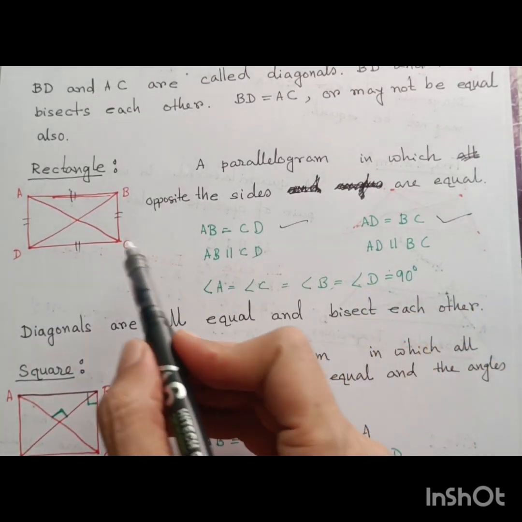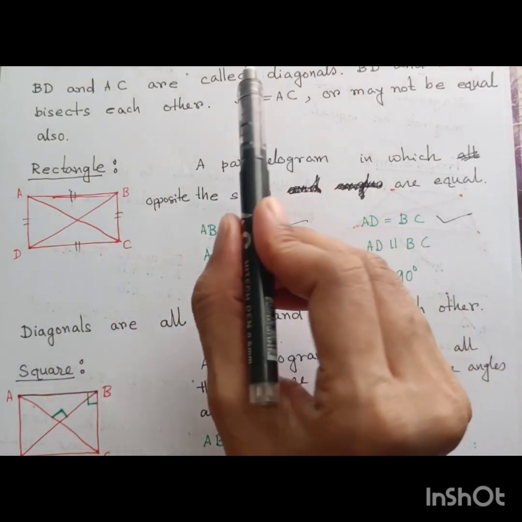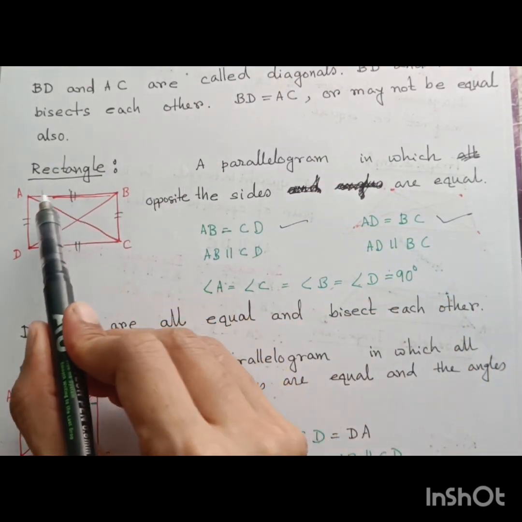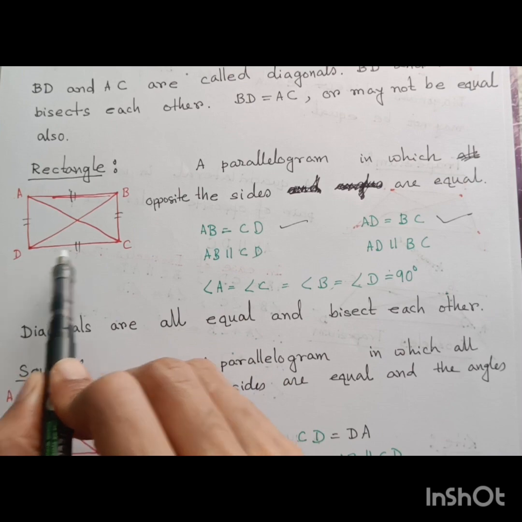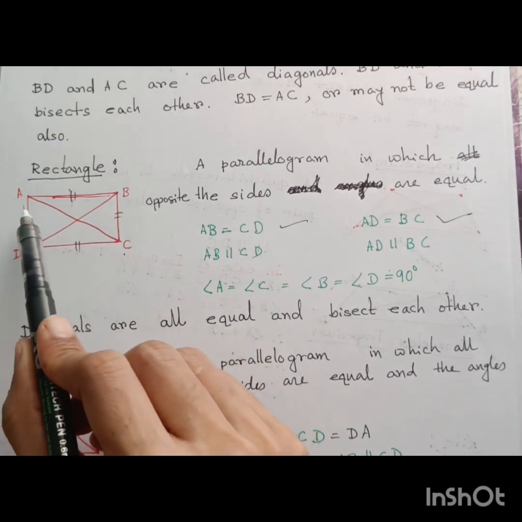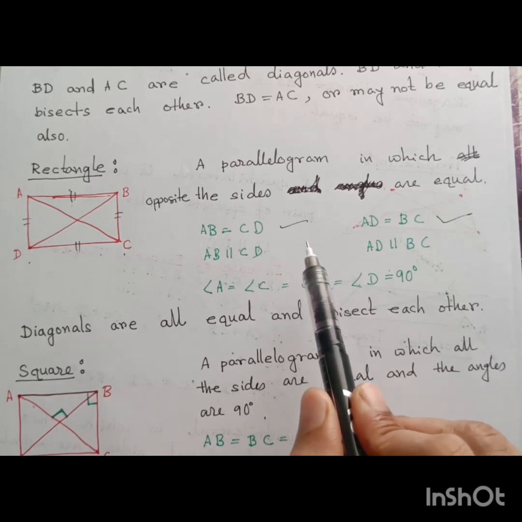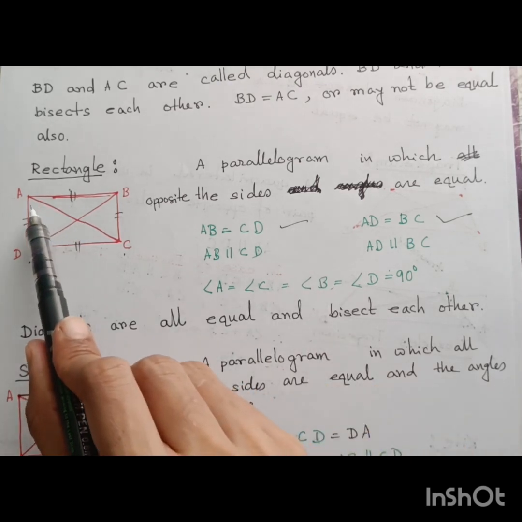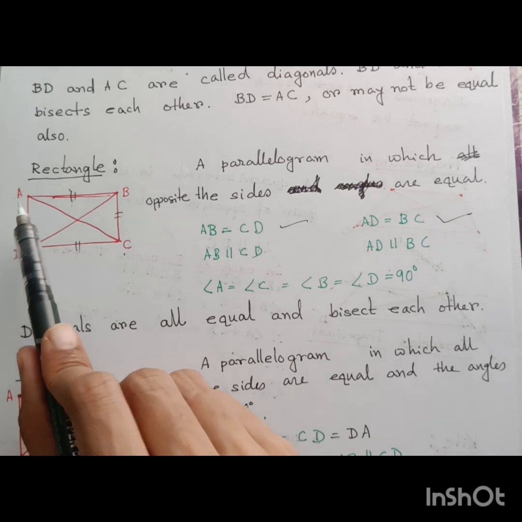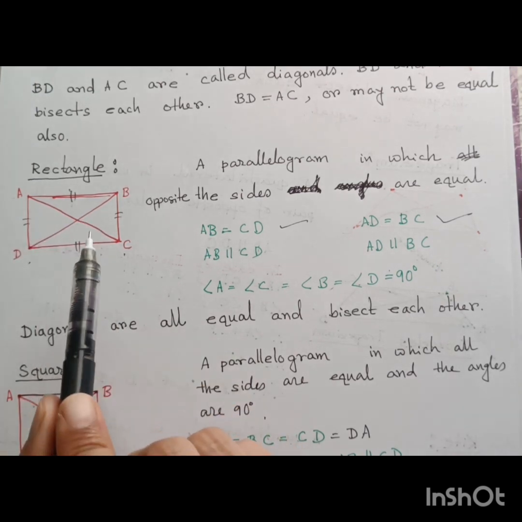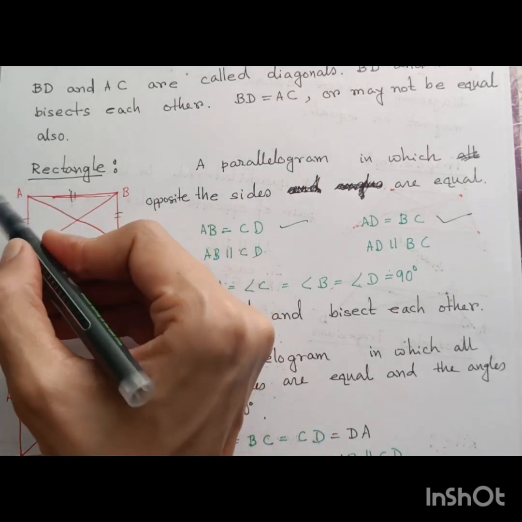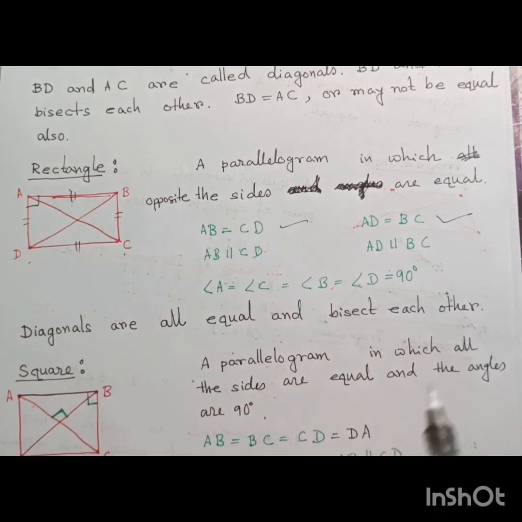And like the parallelogram, AB parallel to DC and BC parallel to AD. What is the special case in rectangle? The angles are equal, and that is 90 degree. All the angles are 90 degree.